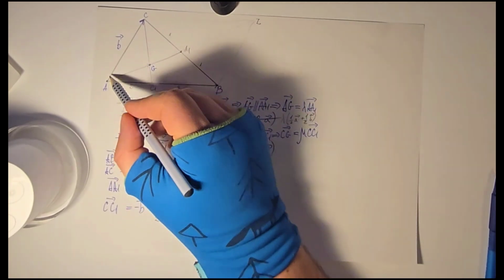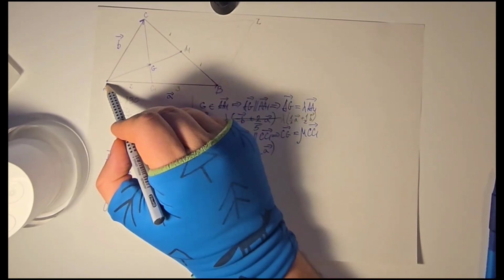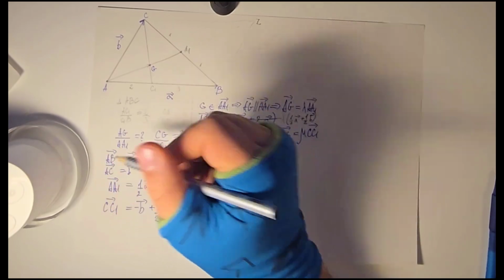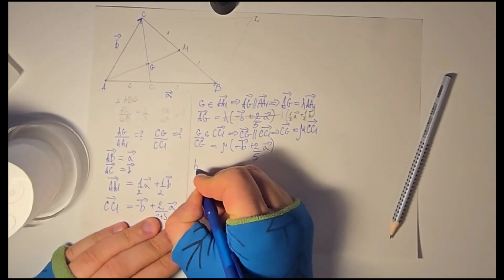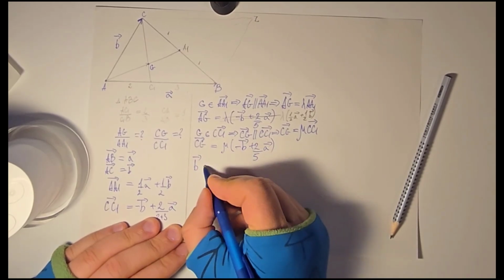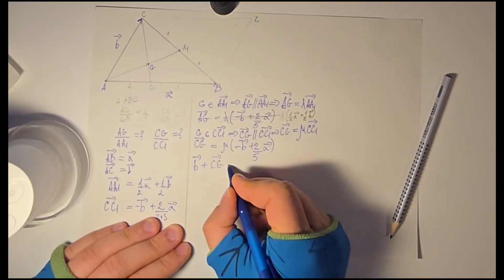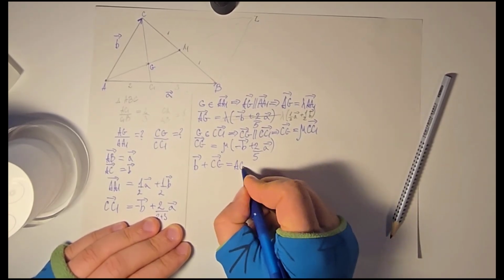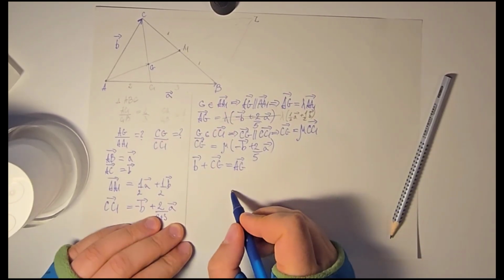That's obvious, like starting from A, we go up and then we go down, and it's exactly this vector. I mean, this is the basics of vectors. So what do we write? We write here B plus CG equals AG, and these are all vectors, hence the arrows.